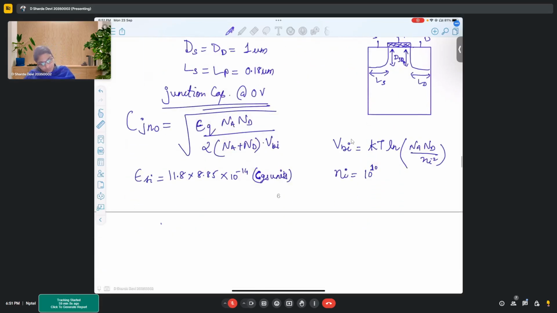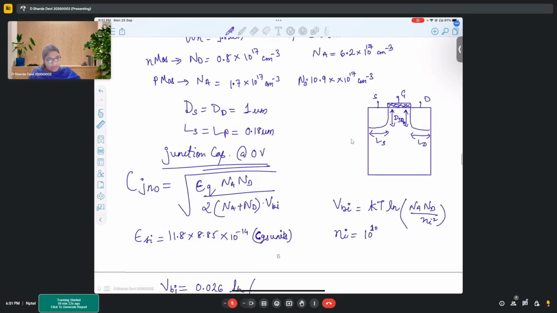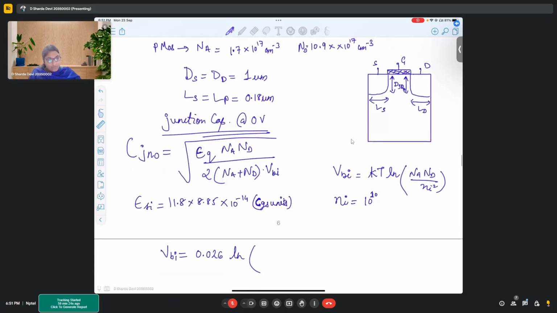So VBI is 0.026, that is 26 millivolts, ln NA upon Ni square. So we need to find it for both N transistor as well as P transistor.